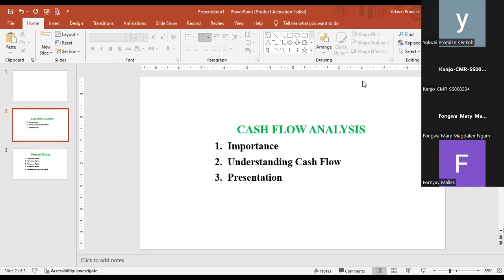So what are some of the importance of the cash flow statement? If it is the way in which you measure or record the inflow and the outflow of cash within your organization, what would be the importance of all this?